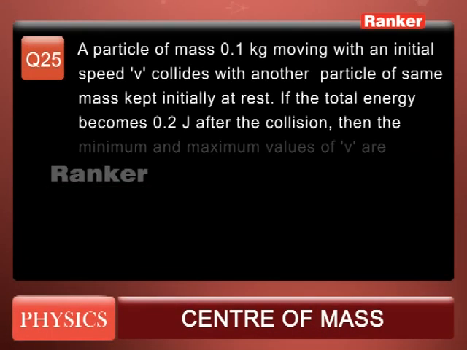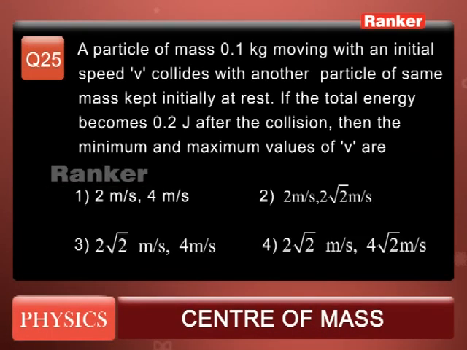Question number 25. A particle of mass 0.1 kg moving with an initial velocity v collides with another particle of the same mass kept initially at rest. If the total energy becomes 0.2 joule after the collision, then the minimum and maximum values of v are.